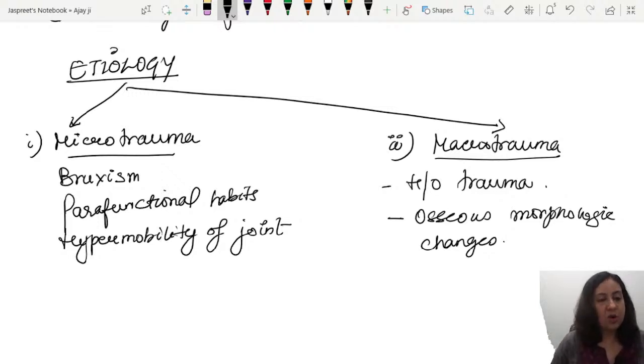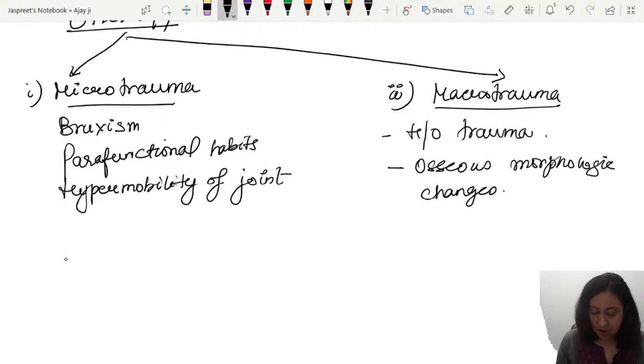By osseous morphologic changes, we mean basically arthritis, in which the condyle will have a different shape or the glenoid fossa will have some morphologic changes. So basically, structural changes.